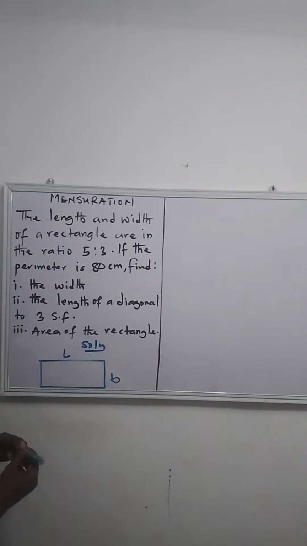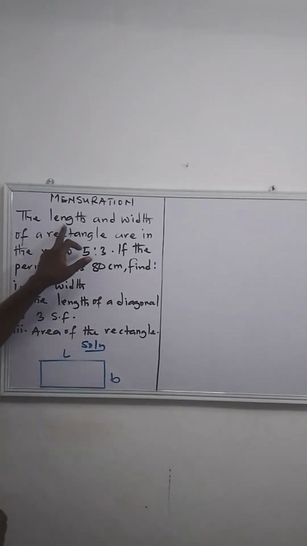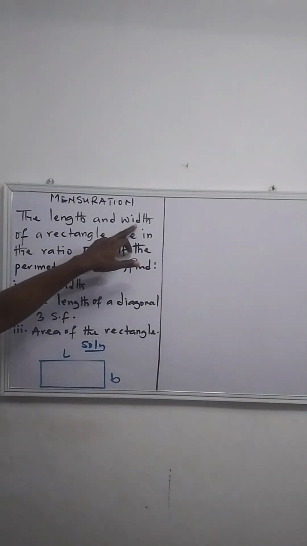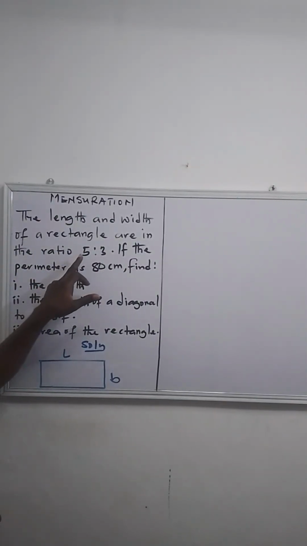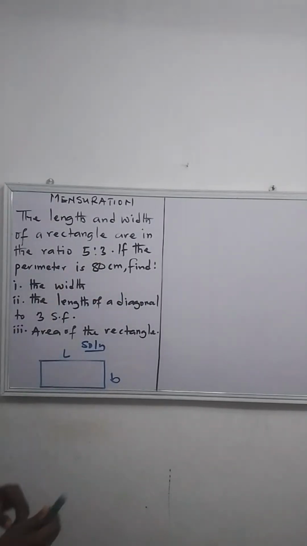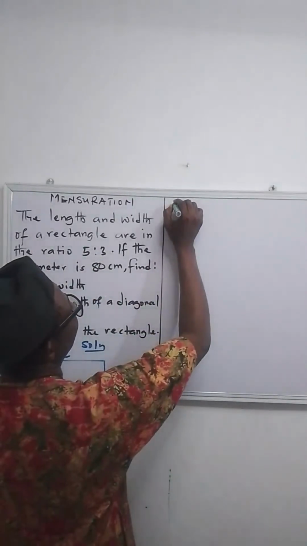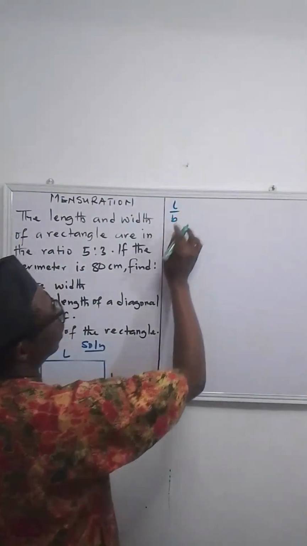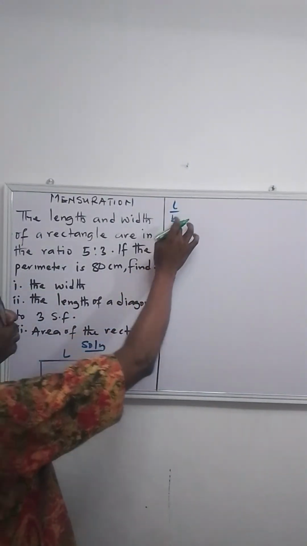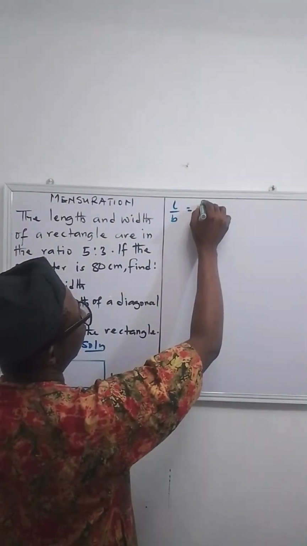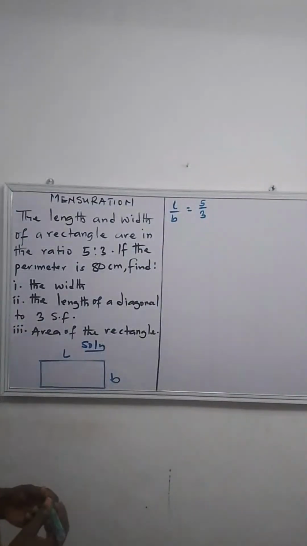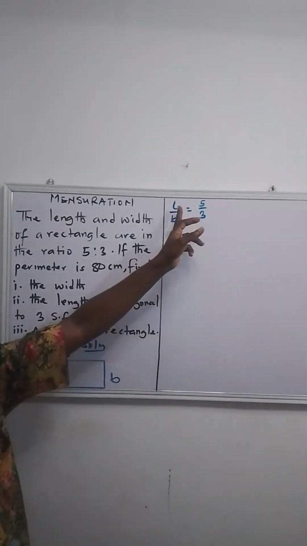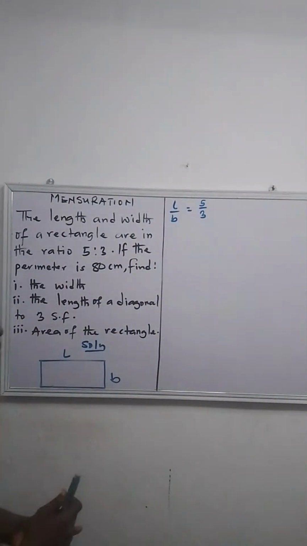Now the question says the length and the width, or the breadth, of a rectangle are in the ratio 5:3. So that means that L over B, that is L ratio B, is the same thing as 5/3. Here you can make L the subject of the formula.